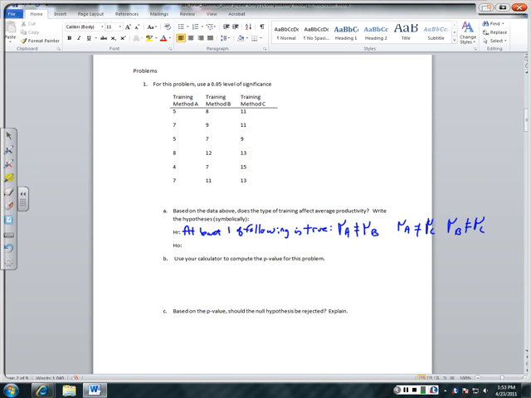That's the research hypothesis. H0 was that all 3 population means are the same.